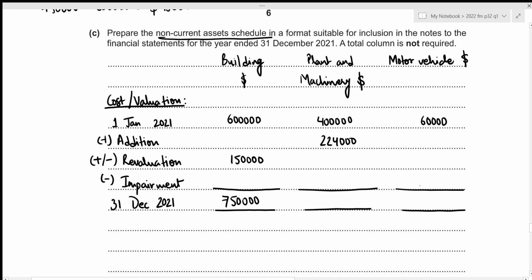So that's going to be 18,500, which means that the difference between our cost at 1st January 2021 and the cost at 31st December 2021 will now act as our impairment loss, right? So let's figure out that amount. That's going to be 60,000 minus 18,500, which results in 41,500. So we just need to subtract this amount as our impairment loss. Let's write it down.